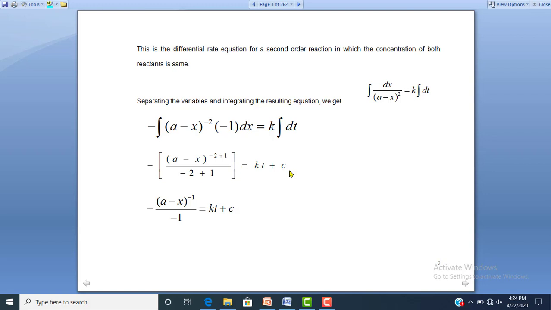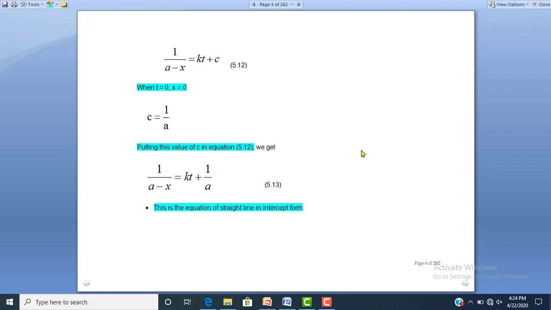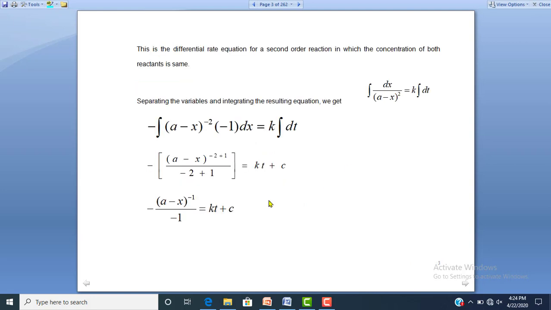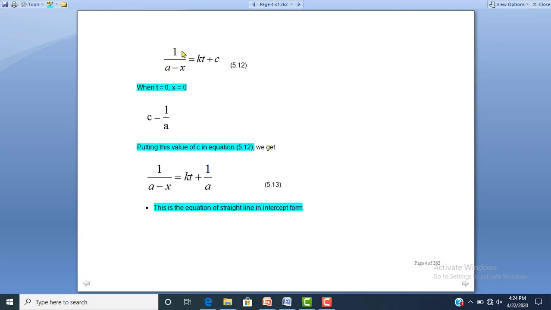So when we applied the power rule of integration, this equation became minus (a minus x) raised to power minus 1 divided by minus 1 is equal to kt plus c. When we further simplify it, this equation became 1 over a minus x is equal to kt plus c. This is equation number 5.12.